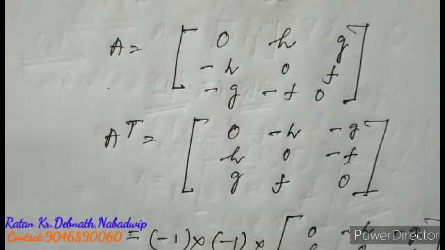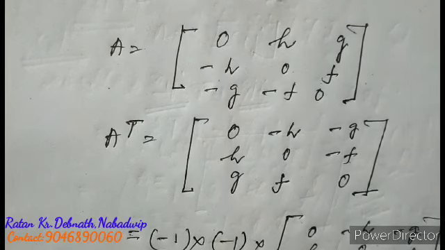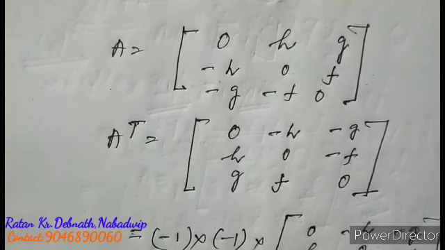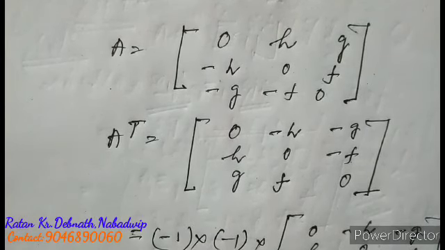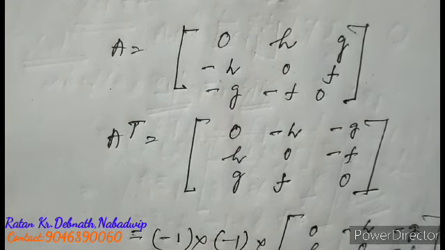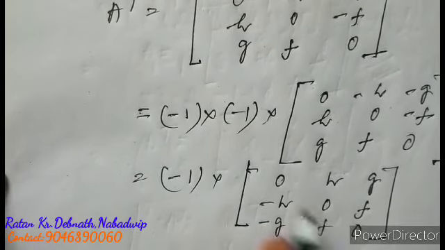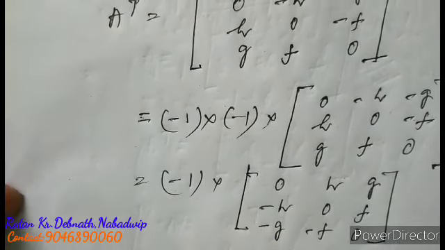Now I am multiplying by minus 1: 0 h g, minus h 0 f, minus g minus f 0. Look carefully, which is equal to the original matrix.